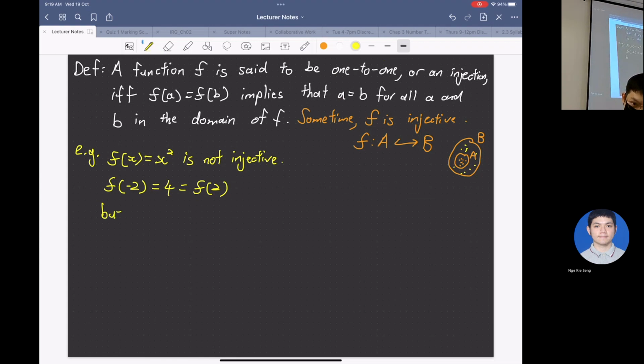But g(x) equal to x cubed is injective. How to show g(x) equal to x cubed is injective?